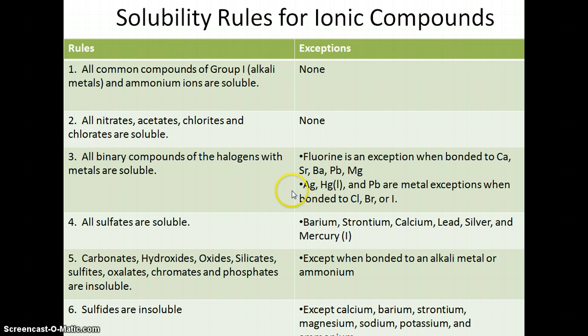Okay? Now, if silver, mercury, or lead are bonded to chlorine, bromine, or iodine, those are also exceptions, which means those will be solids as well. I don't think it's that important that you remember all these little exceptions for the halogens necessarily.